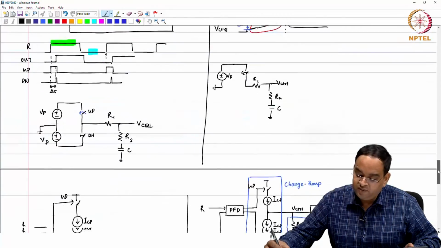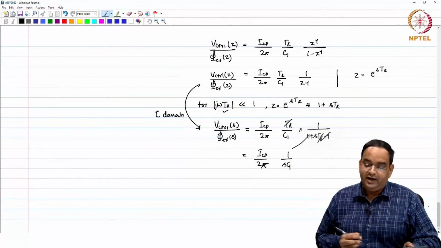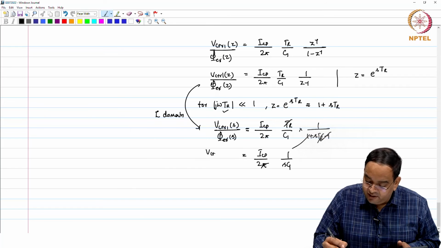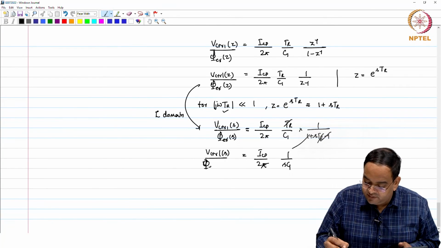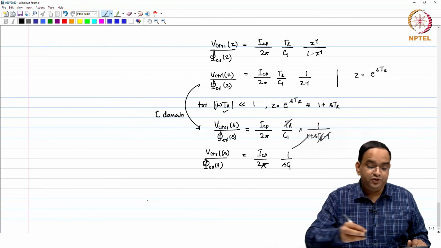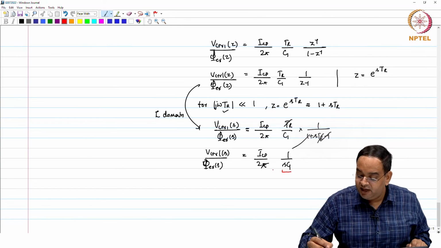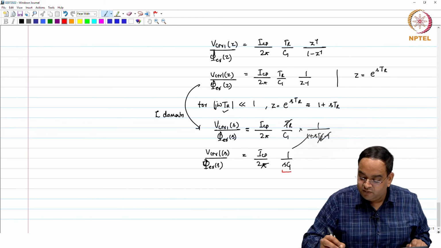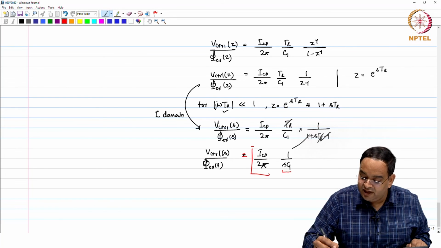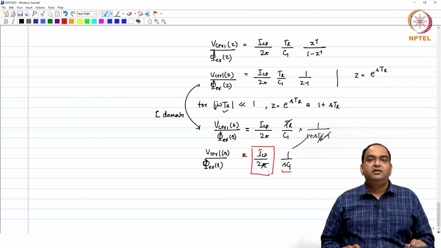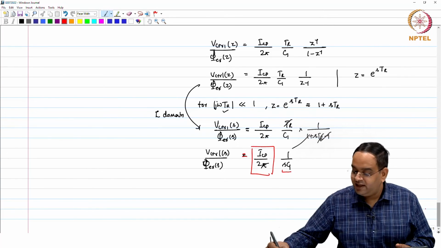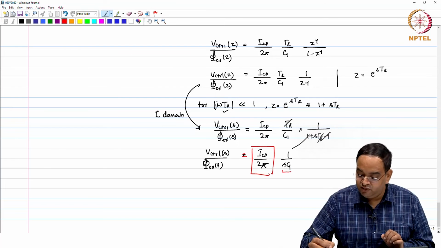All this math is to tell you that from phase error to the control voltage, if I assume that the role is played only by the capacitor, then there is a gain of ICP by 2 pi. So, what are the units for this?